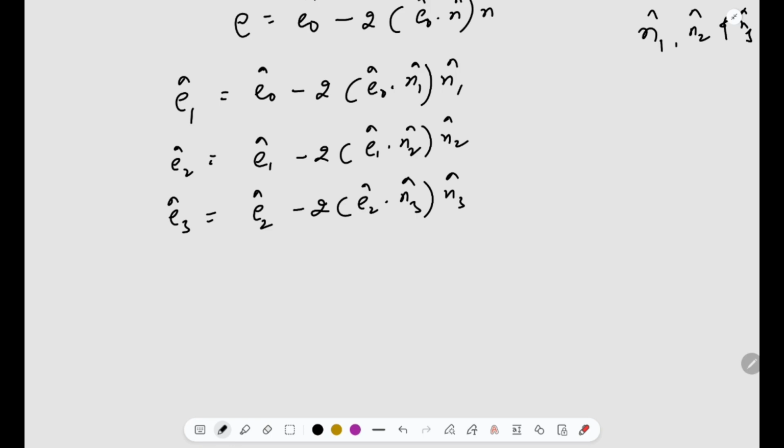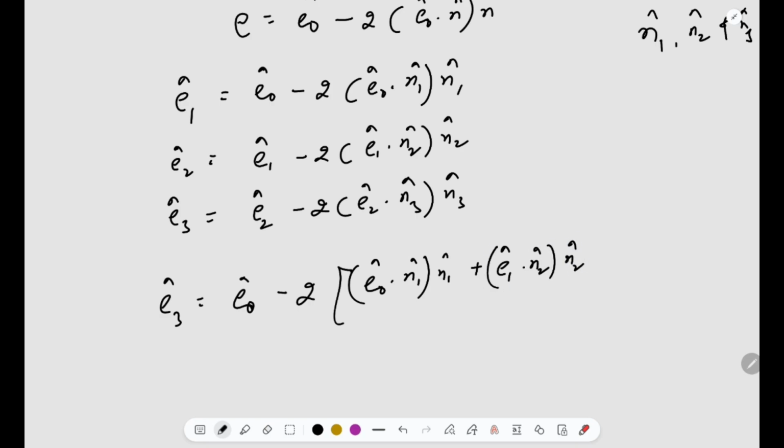And adding the left and right sides of these equalities, you will finally get E3 equals E naught minus twice [E naught dot n1 times n1 plus E1 dot n2 unit vector n2 plus E2 dot n3 multiplied by unit vector n3].